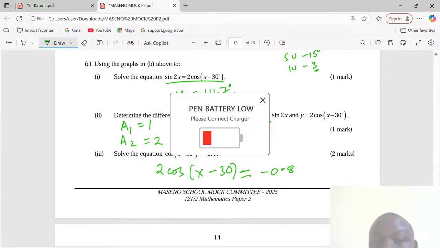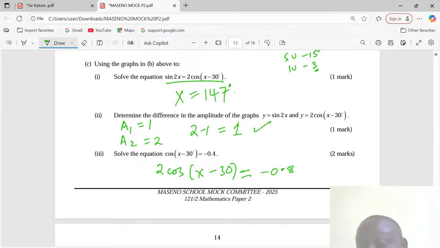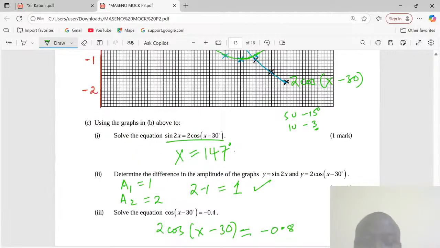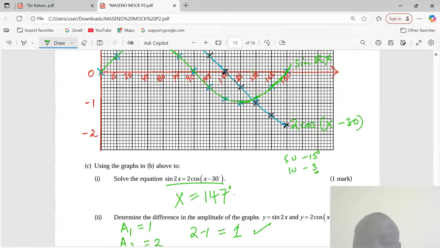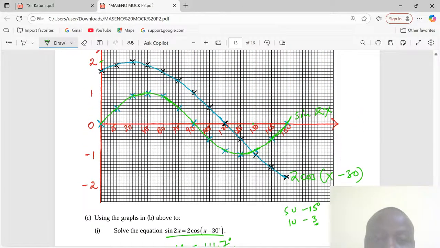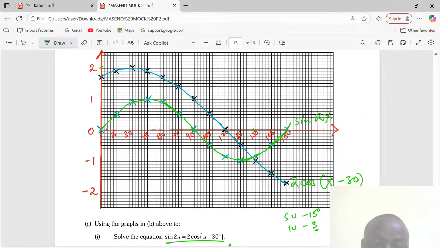I've introduced 2. That means the right hand side becomes negative 0.8.